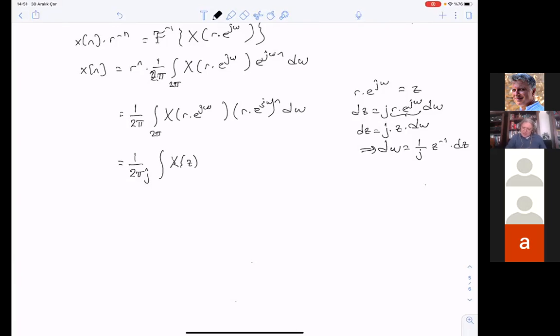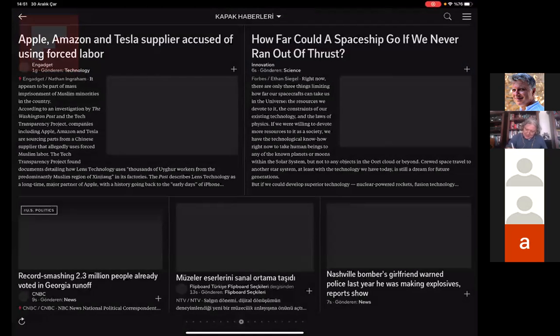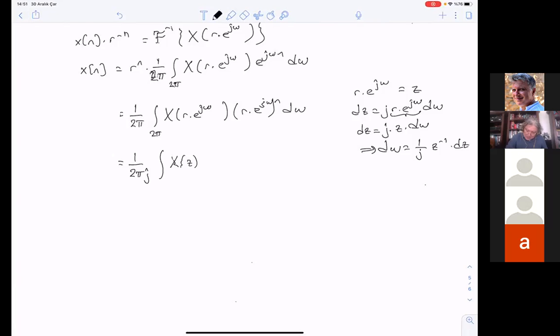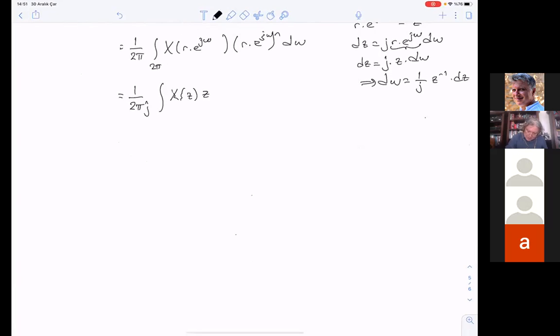And then r times e to the j omega to the power n is z to the n, and then z to the minus 1, both of them. Now I will write it together as z to the n minus 1, because there was a z to the n and there was a z to the minus 1, dz. So that's it. This is the inverse z transform, x of n.